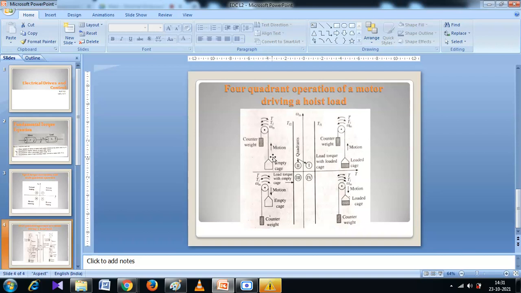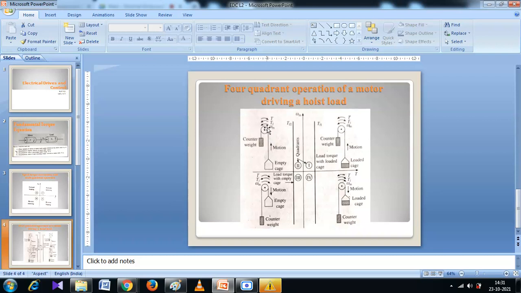If this situation comes and we freely move that shaft, then it will go upward at very high speed. So we have to control the speed of that shaft so that the empty cage goes upward with a relevant speed. We have to produce a torque in such a way that the speed of the shaft stays limited.